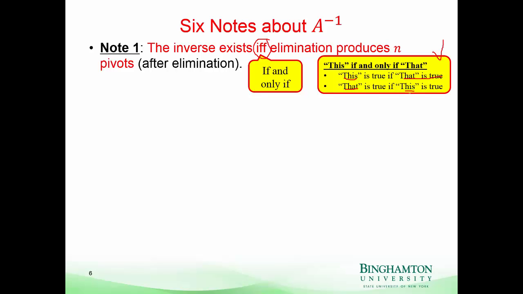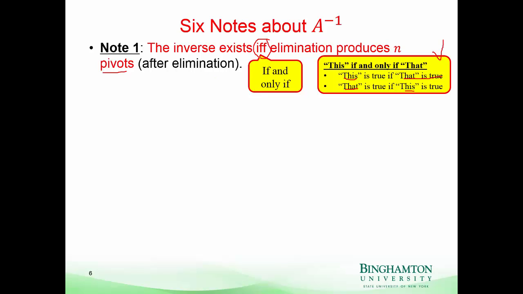So the inverse exists if and only if elimination produces n pivots after elimination. So remember, pivots cannot be 0. As soon as we get a 0 along the diagonal that we can't fix through a permutation matrix, then we've failed this condition, and no inverse exists.